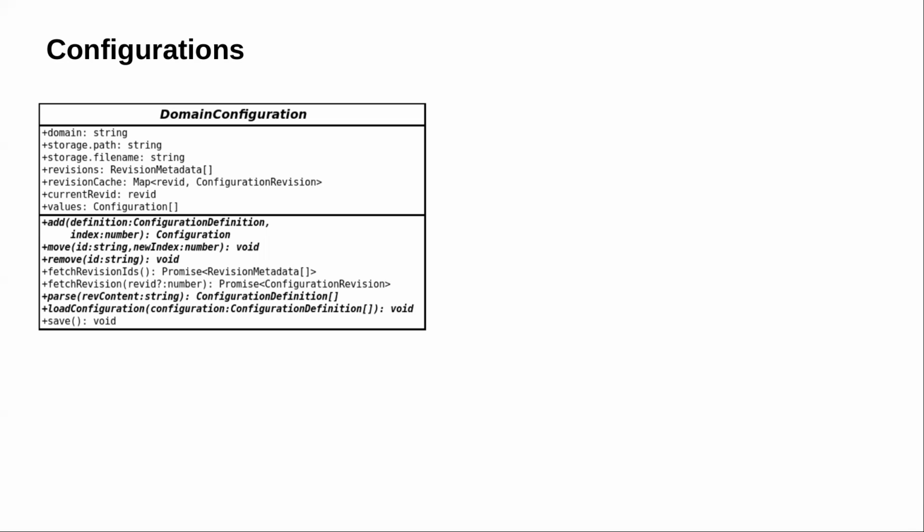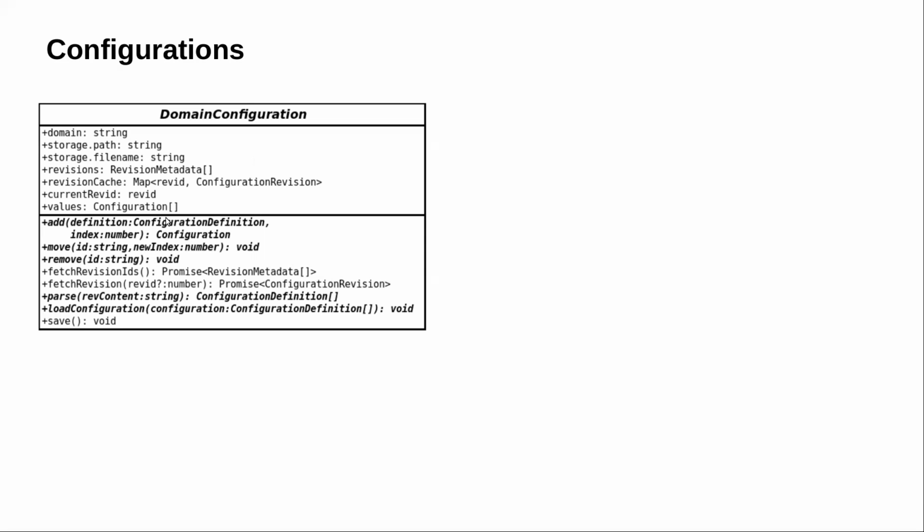Say we want to see how translation looked 3 months ago before some vandalism occurred. We can go fetch the previous configuration and try the translation with that previous configuration. That's what revisions are for, but I'm not going to go into detail because we don't have time.